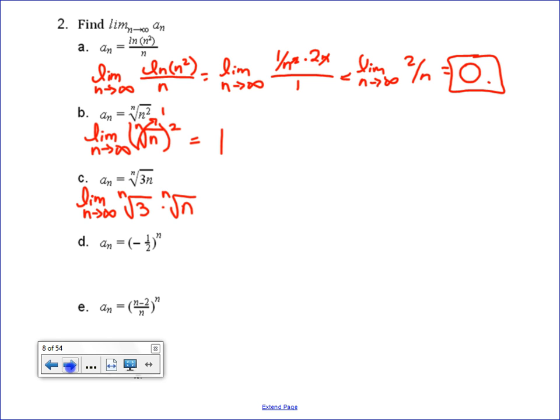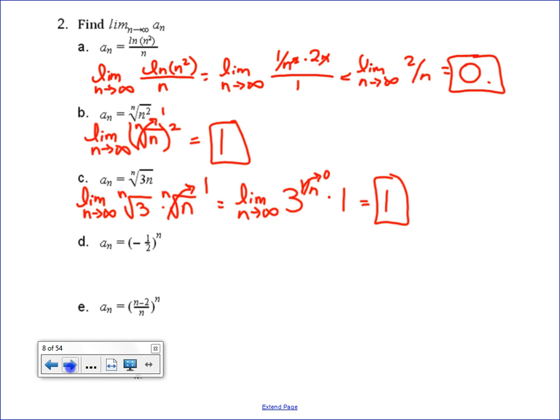So what's this going to? 1. 1 times, wait a minute, 3 to the... infinity, still going to 0, right? So then 3 to the 0 times 3 to the 0 is 1. 1 times 1 is still 1. I'm showing you how just our few basic ones can help us.